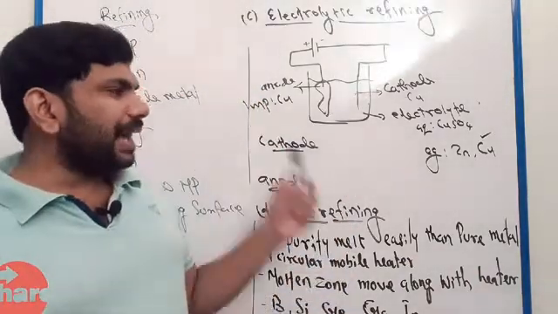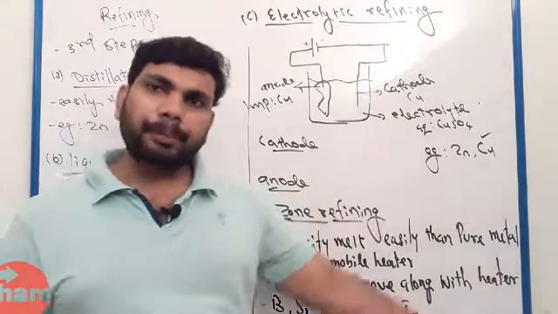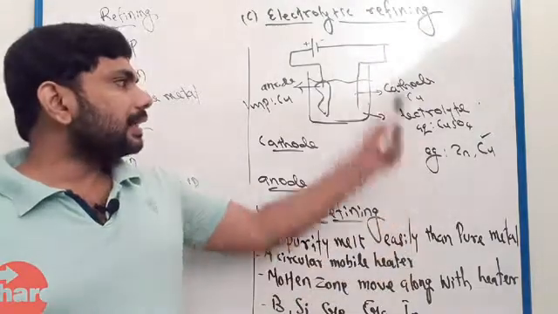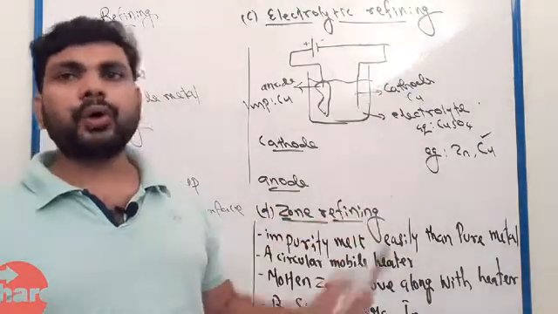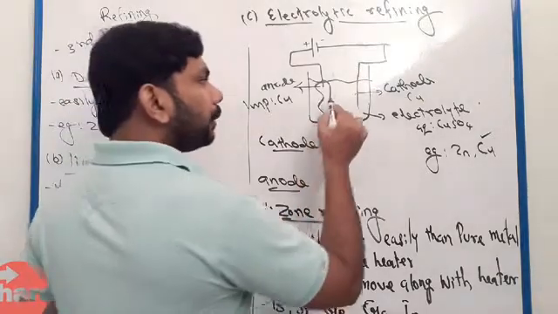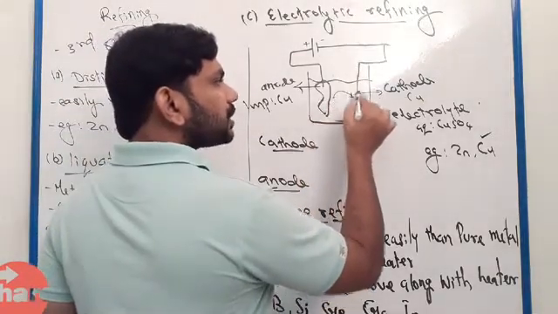Imagine you want to purify copper. The anode will be impure copper, and the cathode will be thin pure copper. After passing electricity, all the pure copper will be deposited at the cathode. Initially, the copper is thin.